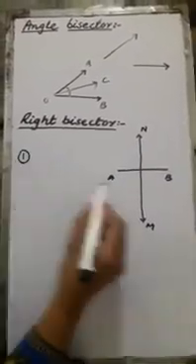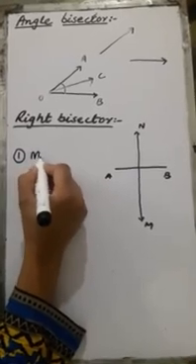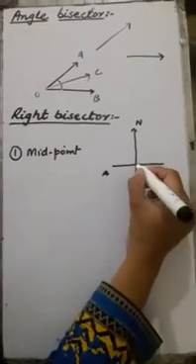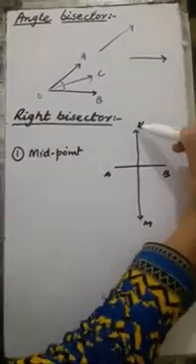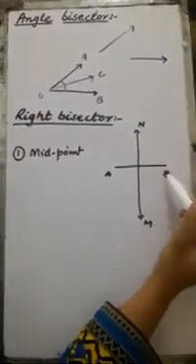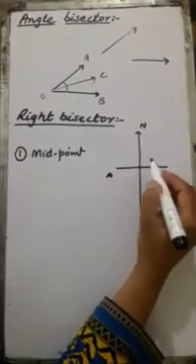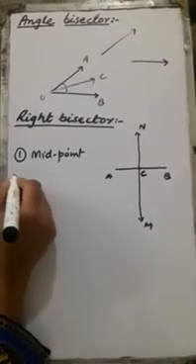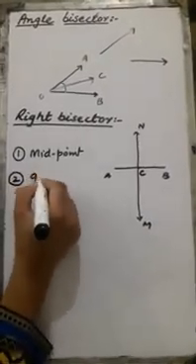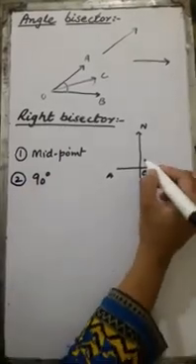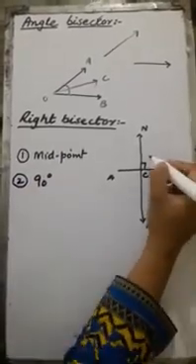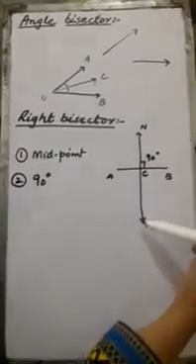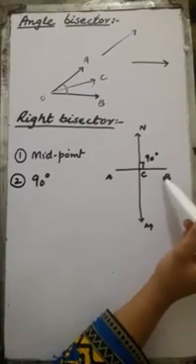Number one, it should pass through the midpoint of line segment AB, meaning line NM should intersect line segment AB at the center point. Number two, it should make an angle of 90 degrees at this point. If it makes an angle of 90 degrees also, then we can say that this line is a right bisector of line segment AB.